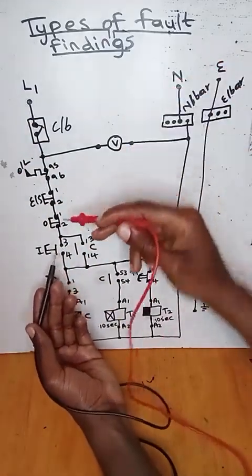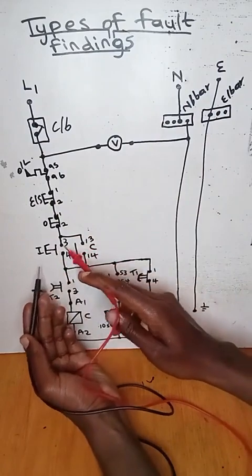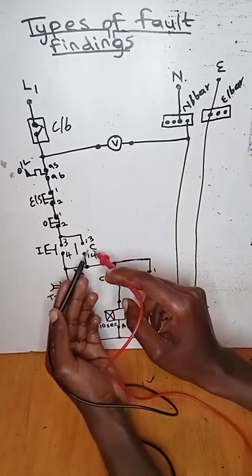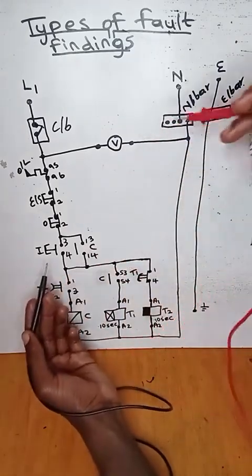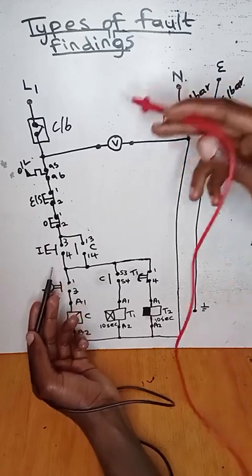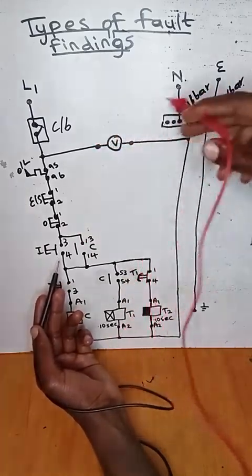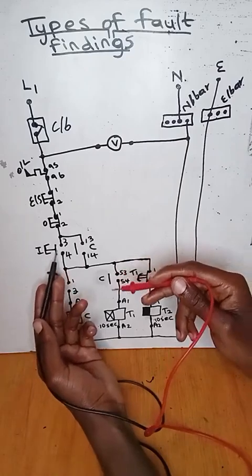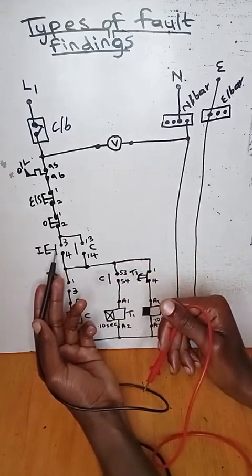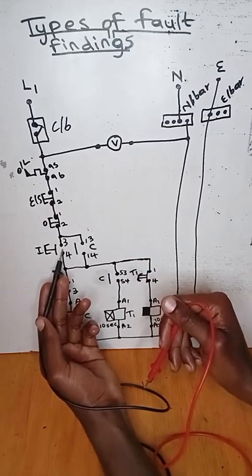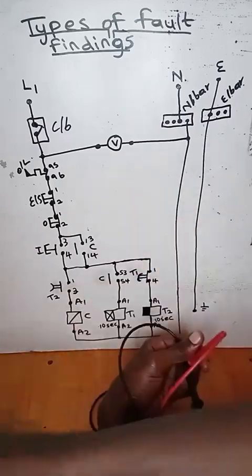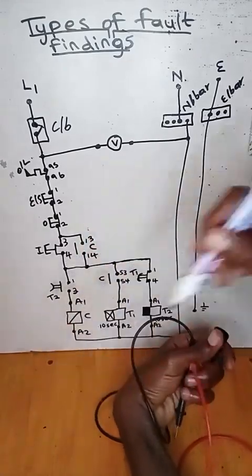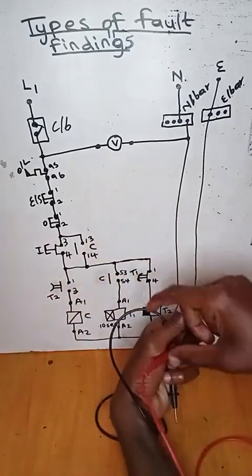So secondly, our live has ended here before the start button and before the coil of the contactor, right? So when we want to test our neutral with the live where it ends, since we have the start button which we can push to create a close contact, we'll push our start button and hold it like that.